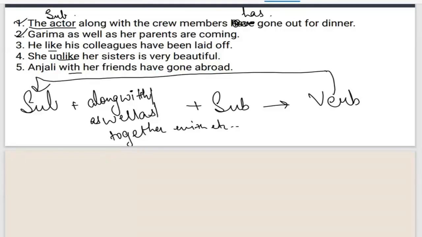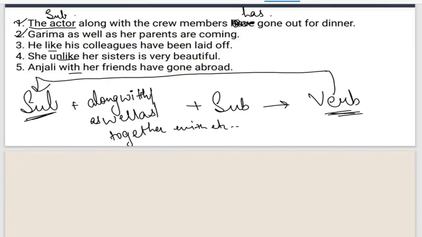If the first subject is singular, the verb will also be singular, and if the first subject is plural, the verb will also be plural. Is it clear to all of you?